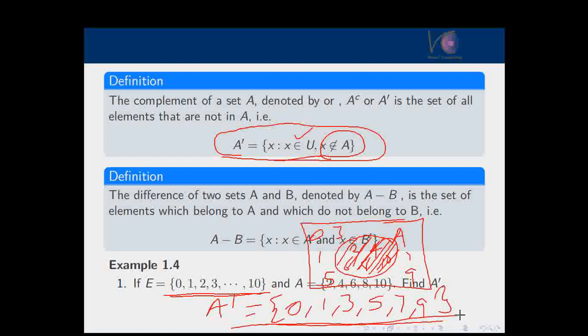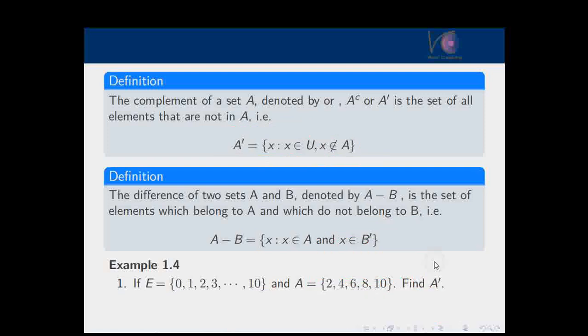Okay, now go to the second example, where we are saying if B is 0, 2, 4, and B complement is 1, 3, 5, find E. Remember, E is your universal set. By definition of universal set, we mean all the elements that are under discussion. Again, you can begin by showing your Venn diagram.